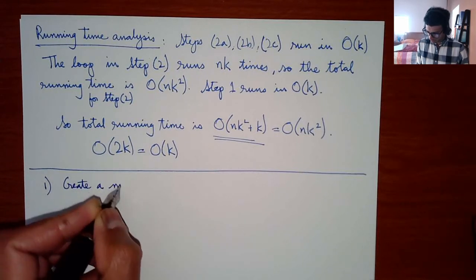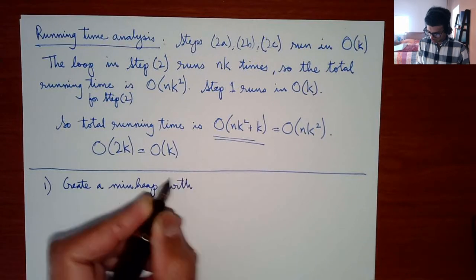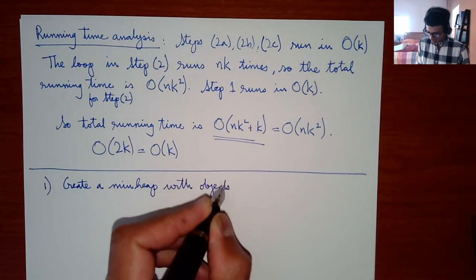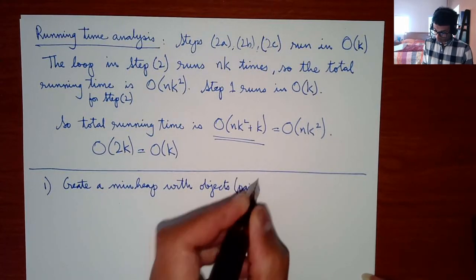Create a min heap with objects. So there are going to be objects that are pairs, and you'll see why.